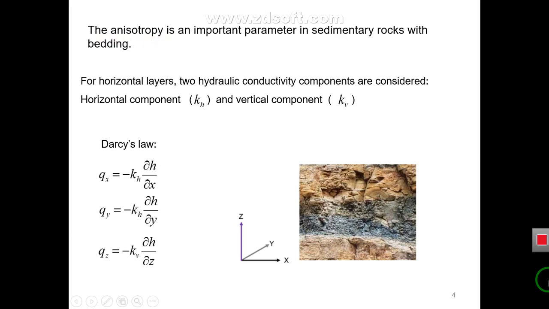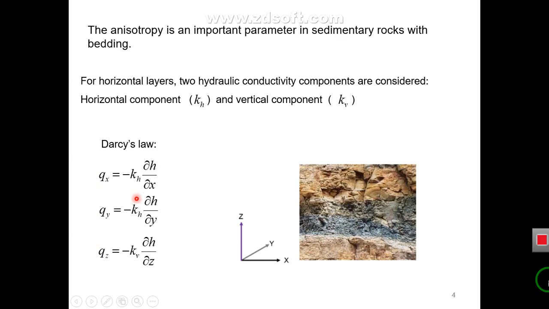Anisotropy is an important parameter. We consider two components for hydraulic conductivity: horizontal and vertical. In such media, Darcy's law along the x, y, and z axis can be given by these three equations.